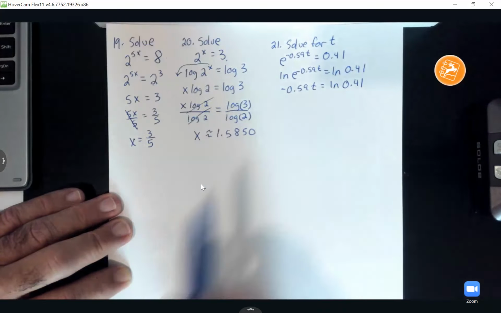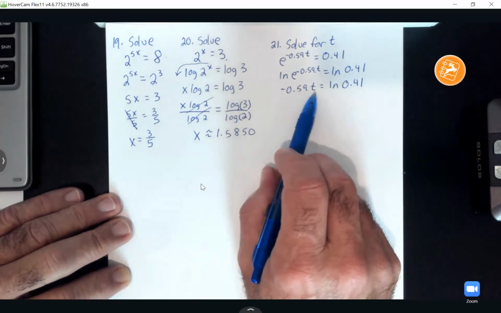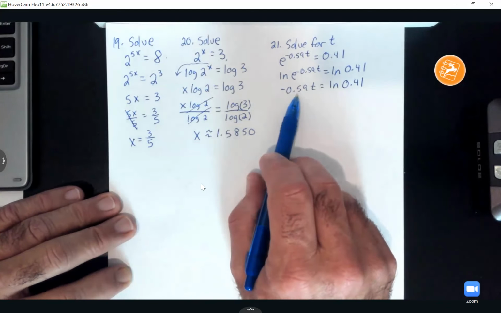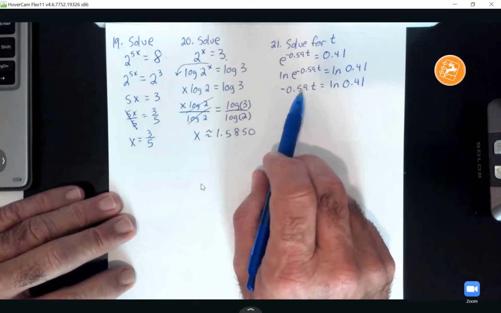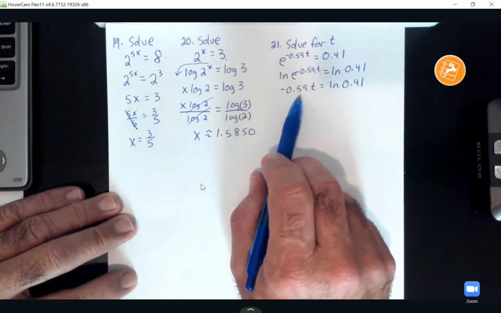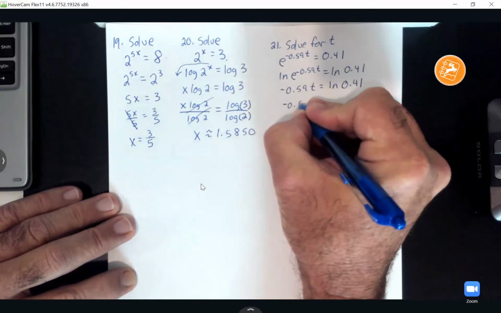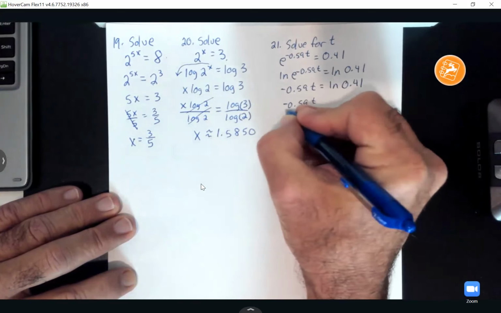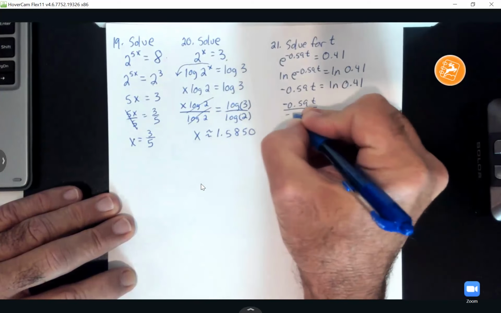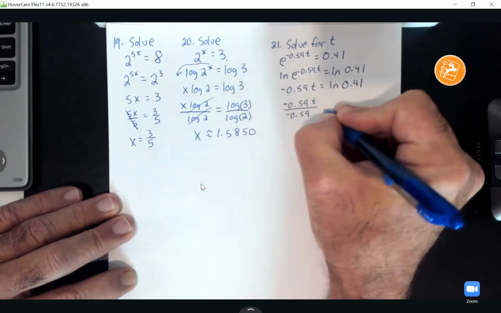All right, now, so here's the thing. I'm solving it for the t, which is being multiplied by this. So we're going to divide both sides by the negative 0.59. So here we go. Negative 0.59t divided by negative 0.59.